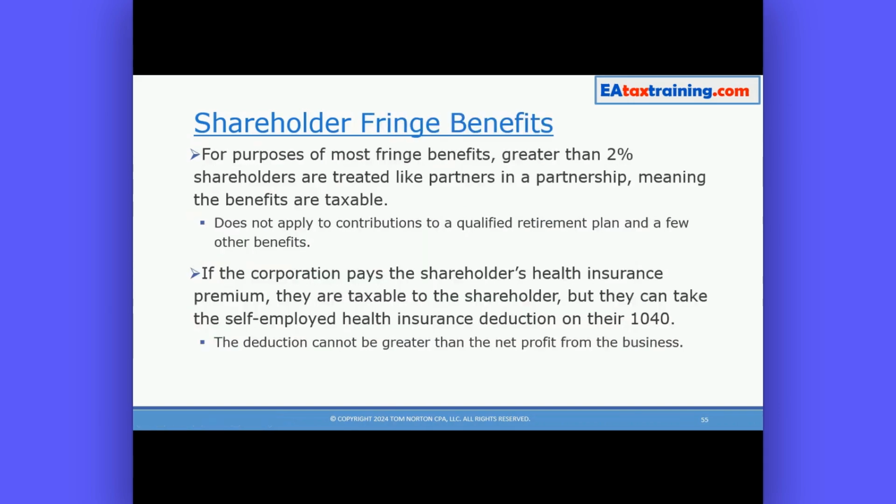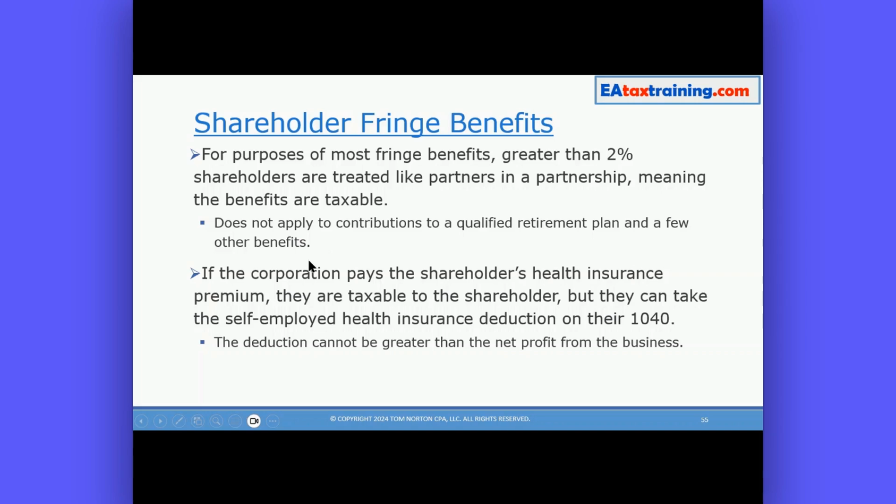So what about fringe benefits? For purposes of most fringe benefits, a greater than 2% shareholder is going to be treated like a partner in a partnership, which means the fringe benefits are taxable. Now, there are some exceptions to this. For instance, contributions to a qualified retirement plan would not be subject to this, and there's a few others.